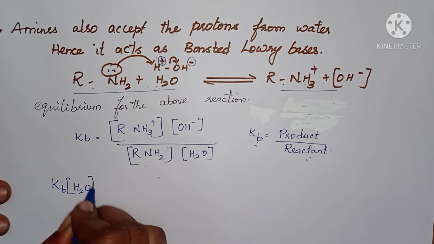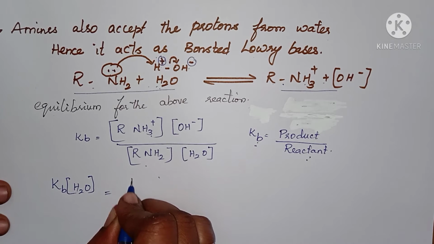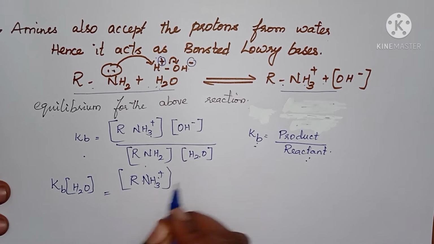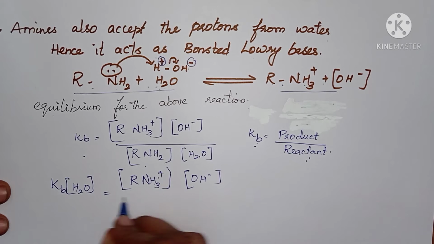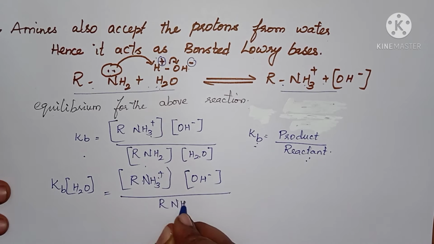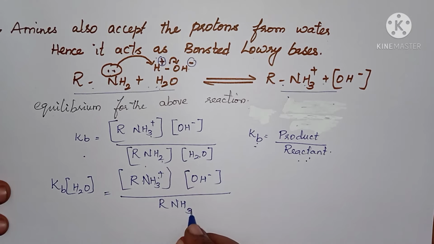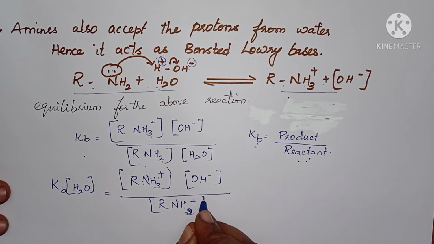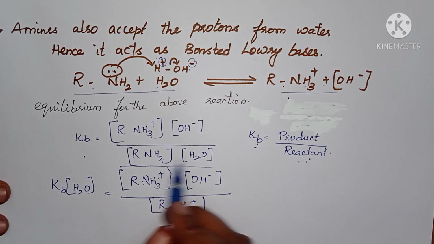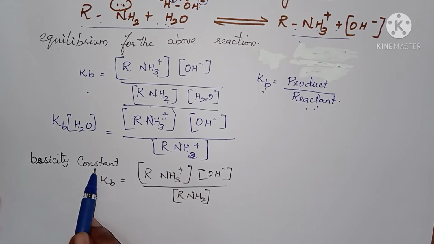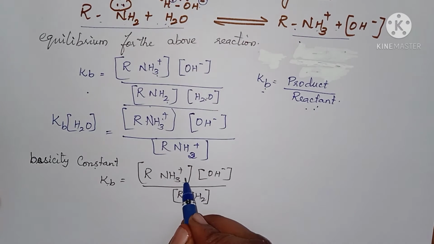You just write it as it is: RNH3 plus concentration into OH minus concentration divided by RNH2 concentration. Only water is removed from here.